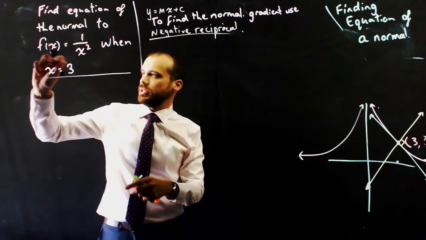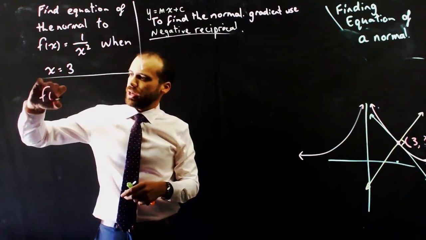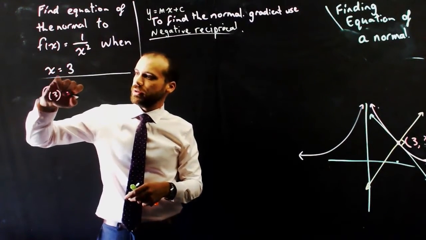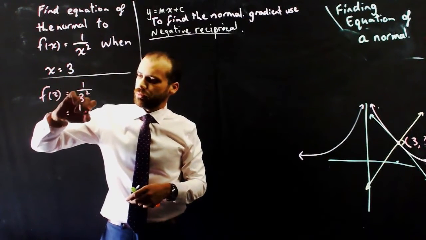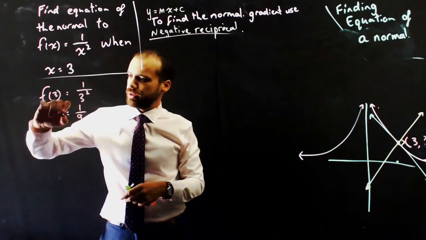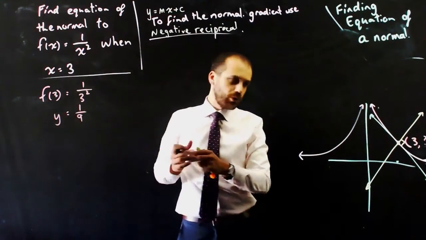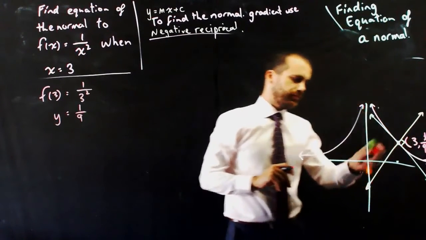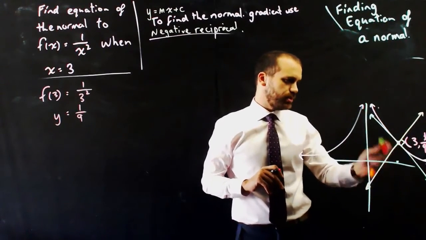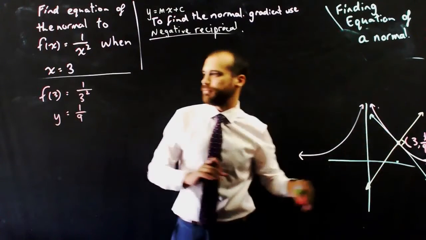So I'm going to use the initial function to do that. So when x is equal to 3, 1 on 3 squared will be 1 on 9. So the y coordinate is going to be 1/9. Alright, so it's 3, 1/9. It must be much further down there.